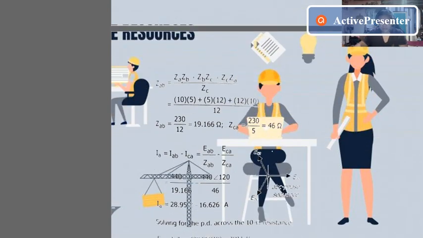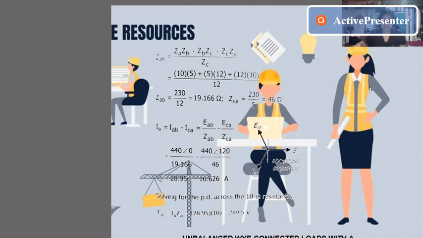So solving for ZAB, since we already know the formula from above, we are given ZA which is 10 ohms, ZB is 5 ohms, and ZC is 12 ohms, and the given voltage is 440 volts.